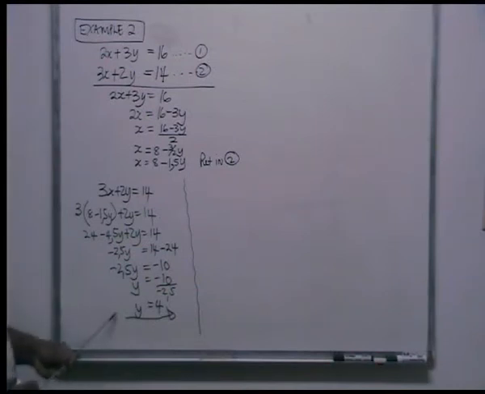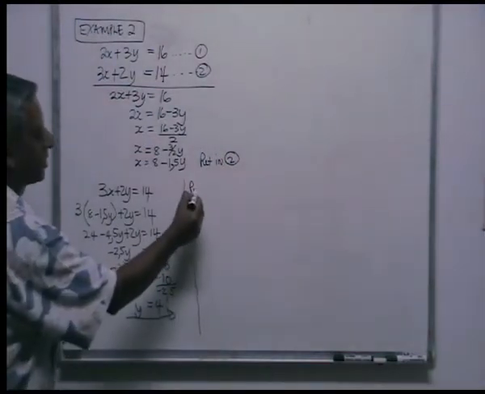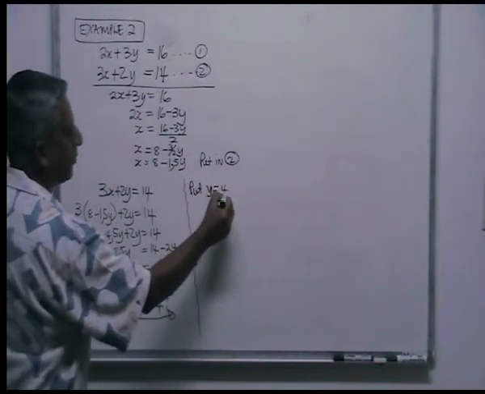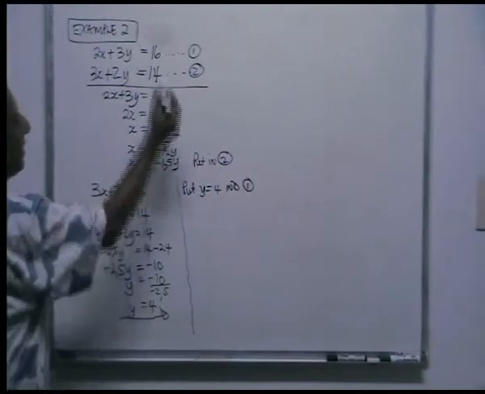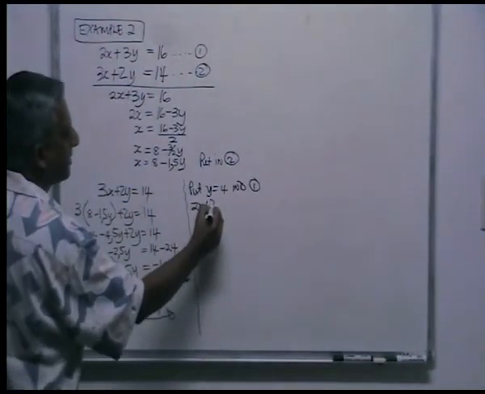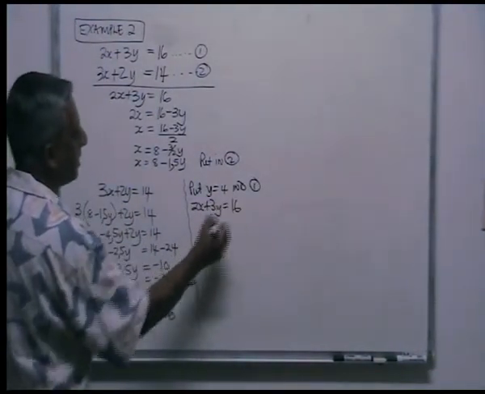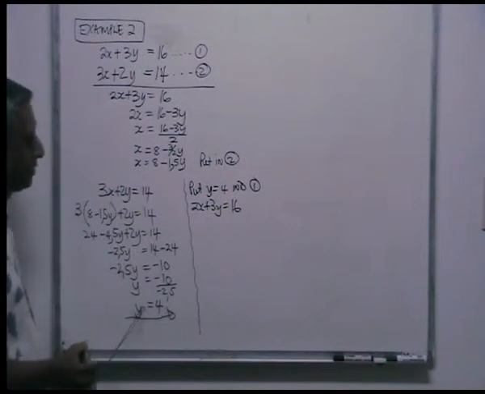Now you know that y is 4, so you go and put this into number 1. Put y equal to 4 into number 1. So what was number 1? 2x plus 3y is equal to 16. And y is 4.